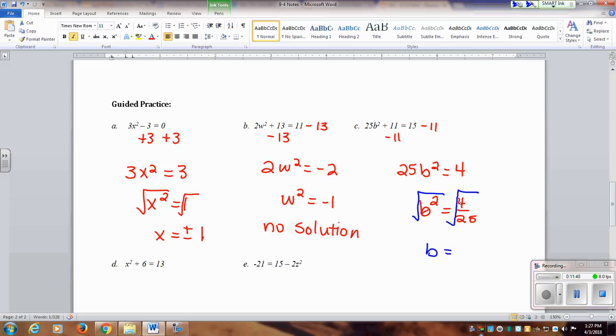The square root of 4 is 2, and the square root of 25 is 5. So b equals positive and negative 2 over 5, or 2/5. So there's the first 3. Pause the video if you need to try problem D, or go ahead and watch D.